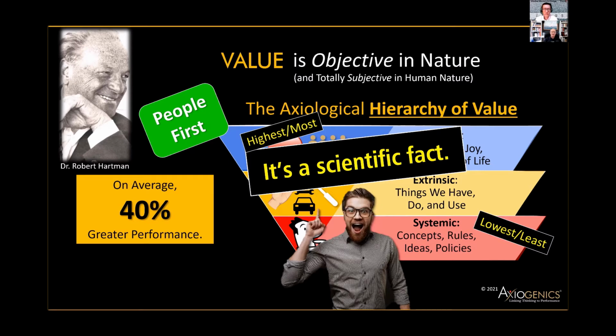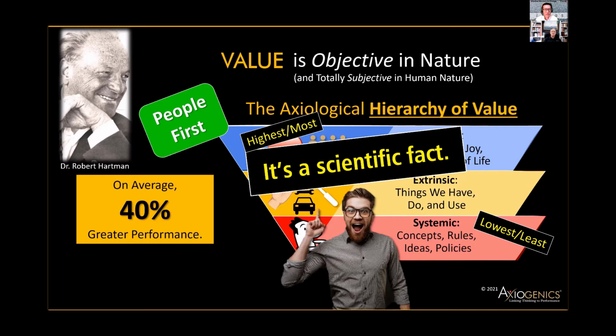It's a scientific fact. And the more that organizations can bring their actions, their ways of operating, and the more we as individual human beings can bring our own thinking and our actions into greater alignment with that hierarchy of value, the more value we create in our lives and through our actions and our choices, and the greater our quality of life, which includes performance and profitability, but also joy and happiness and intimacy and togetherness and innovation and agility and our ability to rise above things like pandemics and political warfare or even physical warfare and the differences that create all of that.